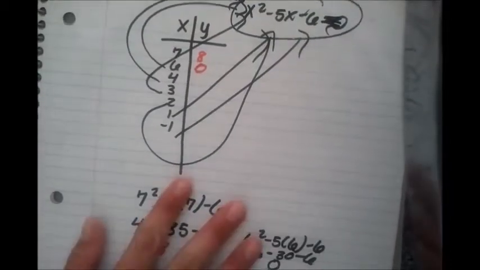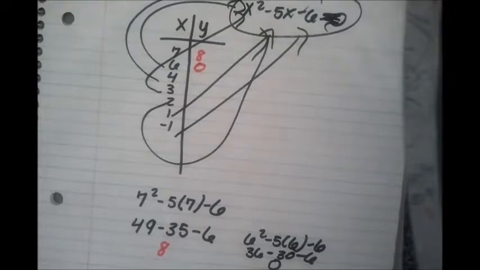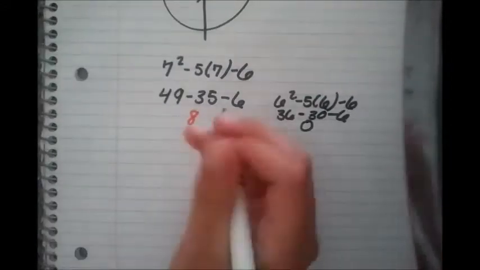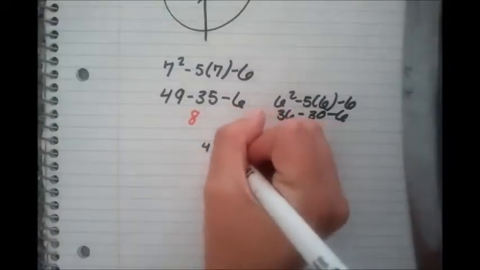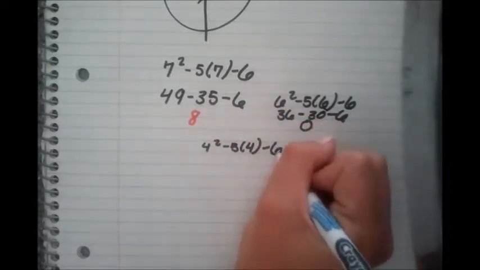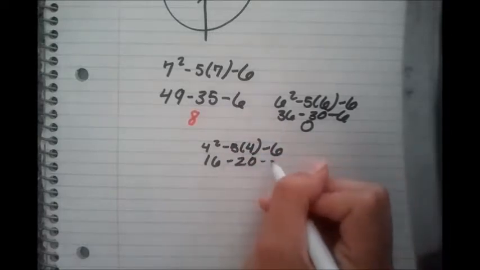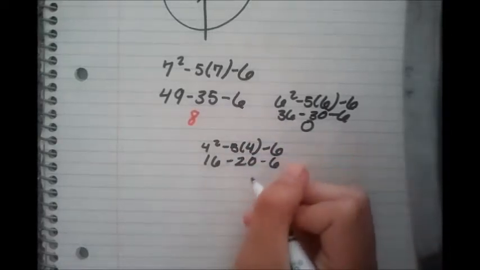That completely makes sense as to why that is true. Now we're going to do 4 squared minus 5 times 4 minus 6. 16 minus 20 minus 6 is negative 10.